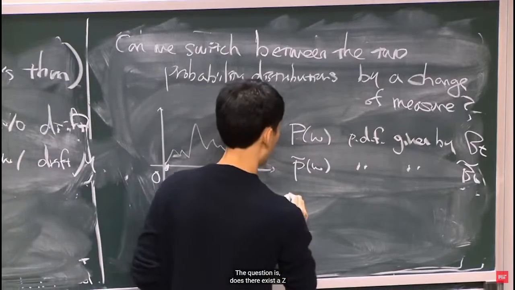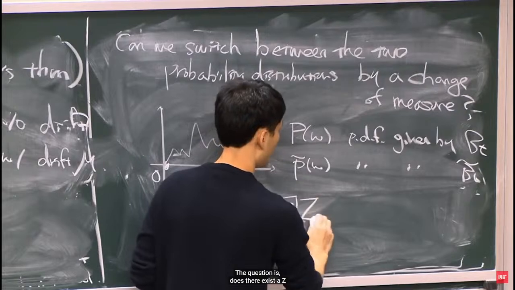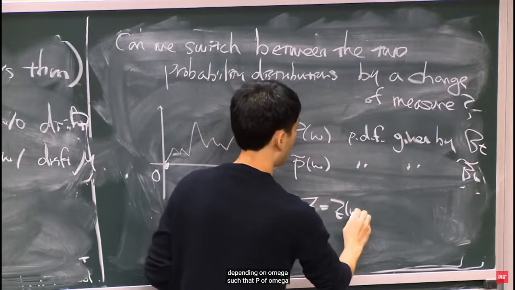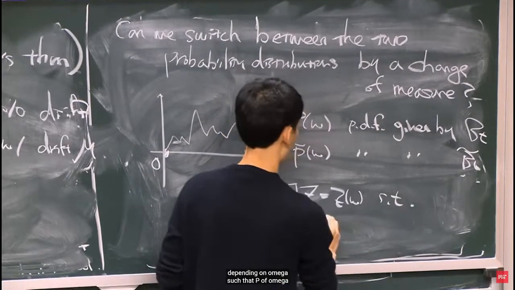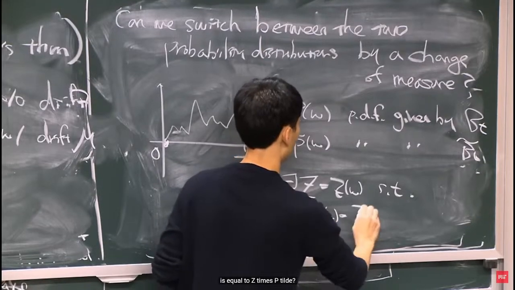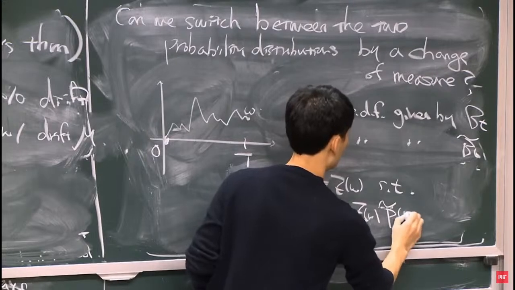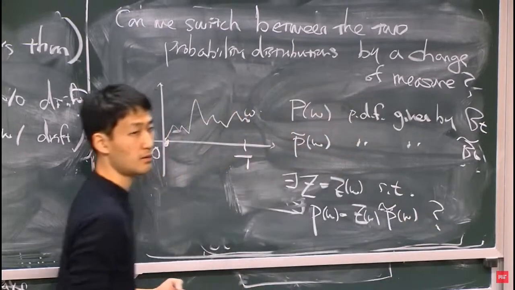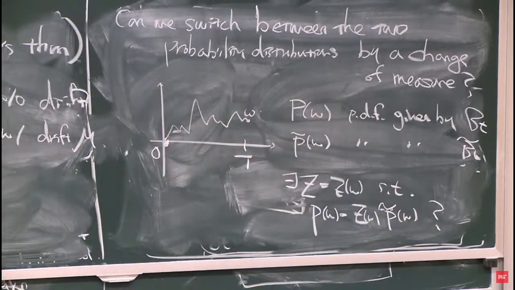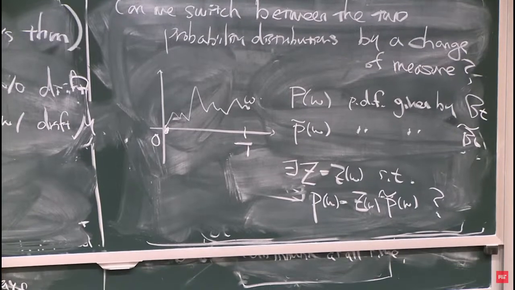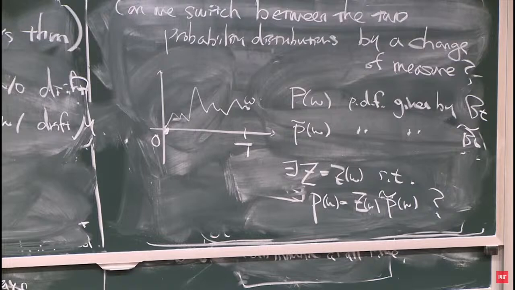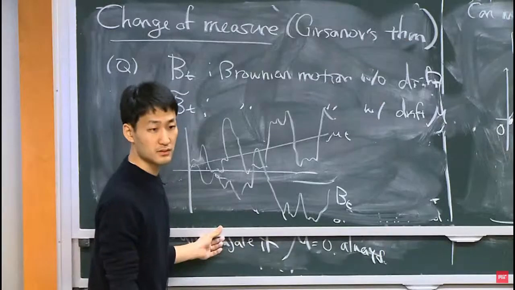The question is, does there exist a Z depending on omega such that P tilde of omega is equal to Z times P? Do you understand the question?